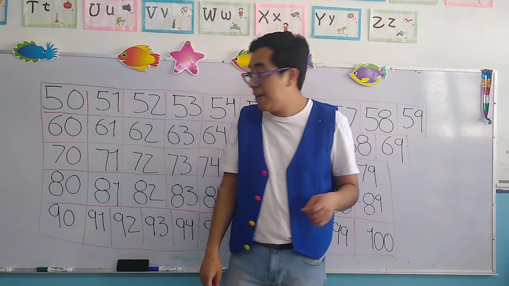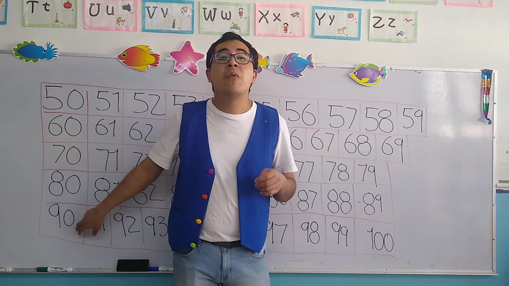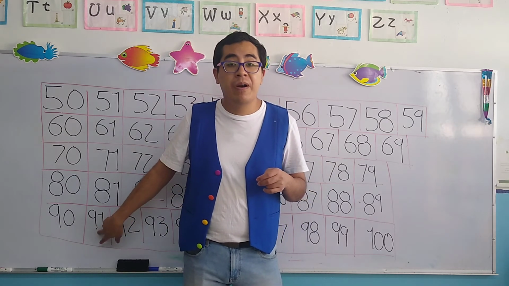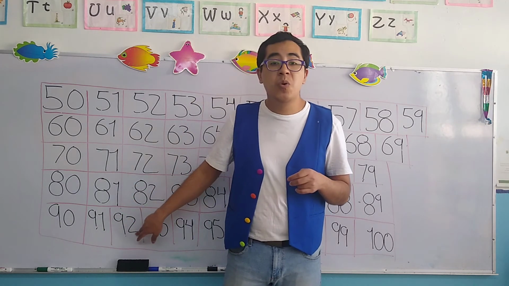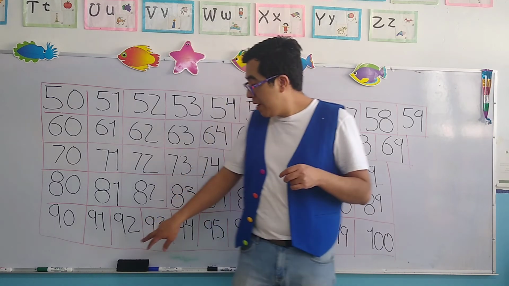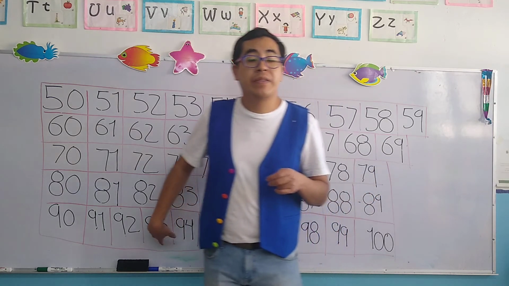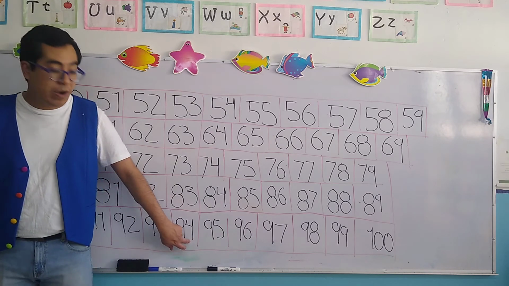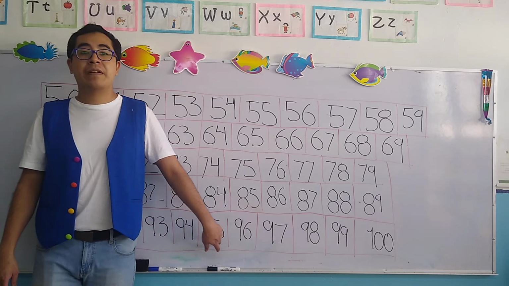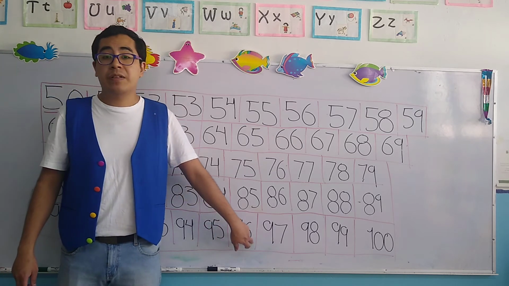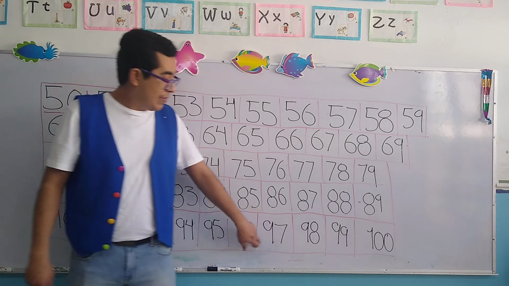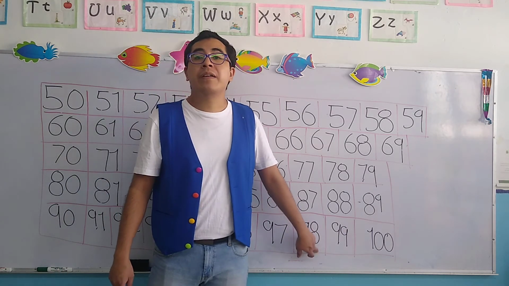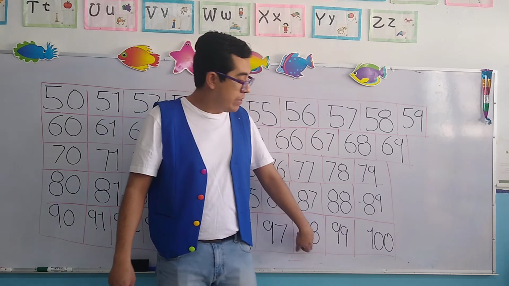Okay, so let's begin. 9 and 0, 90. 9 and 1, 91. 9 and 2, 92. 9 and 3, 93. 9 and 4, 94. 9 and 5, 95. 9 and 6, 96. 9 and 7, 97. 9 and 8, 98.